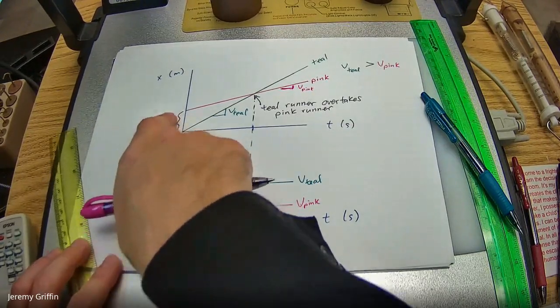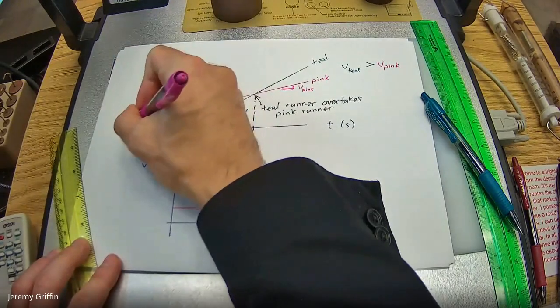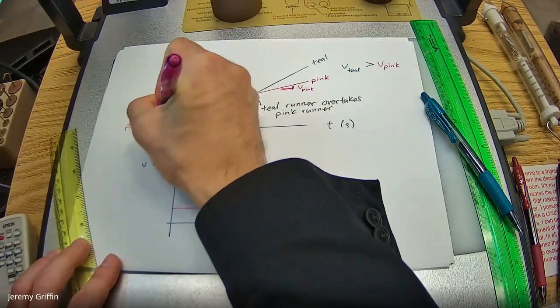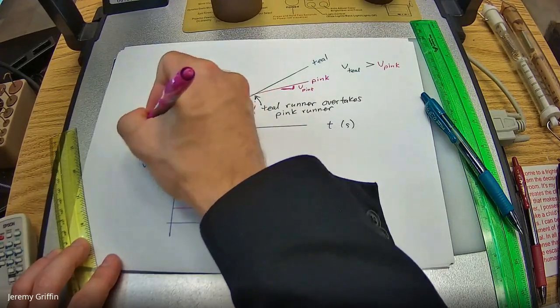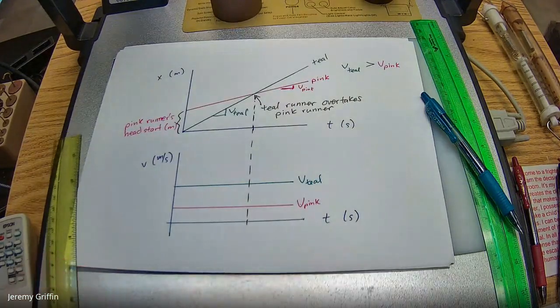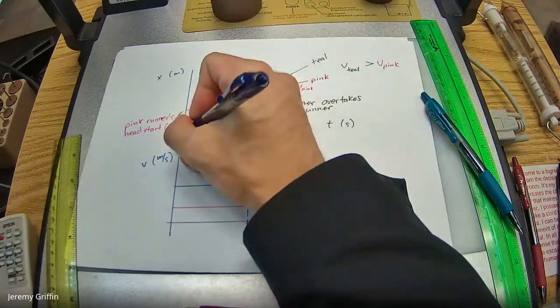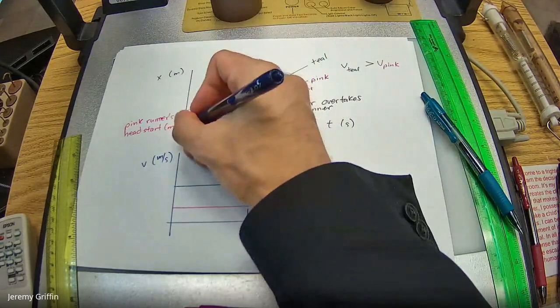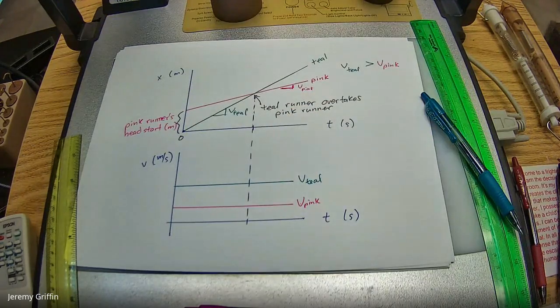Isn't this the head start that the pink runner has? And that, of course, would be some number of meters. So if they were like 50 meters ahead, something like that. Because at time 0, it looks like the teal runner is right at the start line, but the pink runner is already way in front, right? It's got a head start. Guys good?